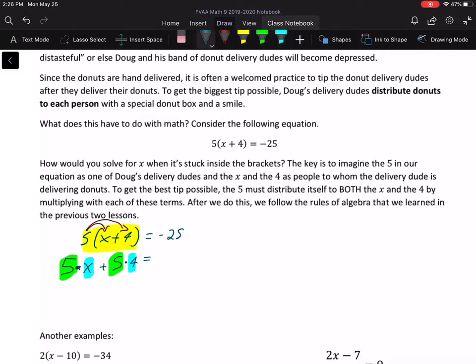And that's equal to -25. So that gives me 5x + 20 = -25. And then from here, you should be able to solve these equations by now. You have minus 20 on both sides. That leaves me with 5x = -45, which if I divide by 5 on both sides, I get x = -9.